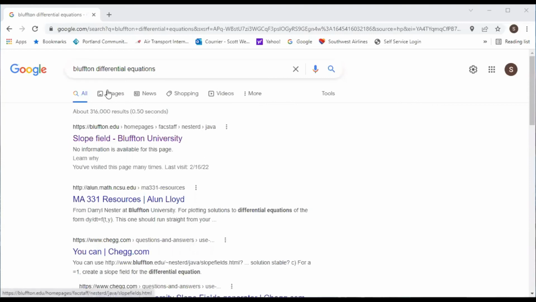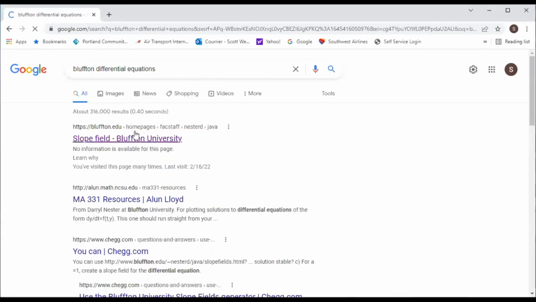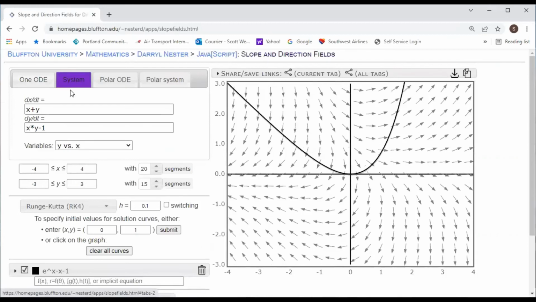All right, so here we are at our typical starting place. Just type Bluffton differential equations into some sort of search engine and search. Systems are what we're talking about here. All right, so let's start with example A, which was x minus 2y minus 8 for the first function.